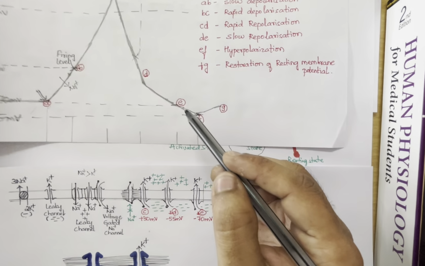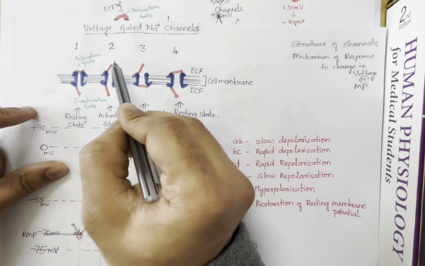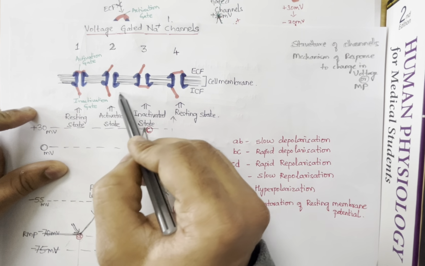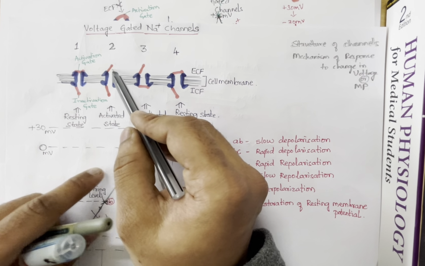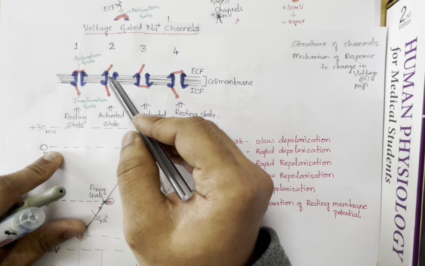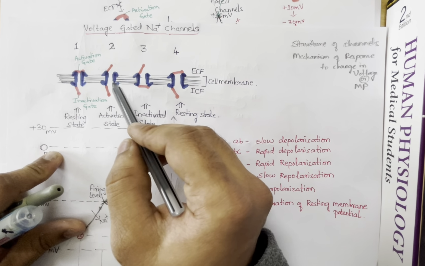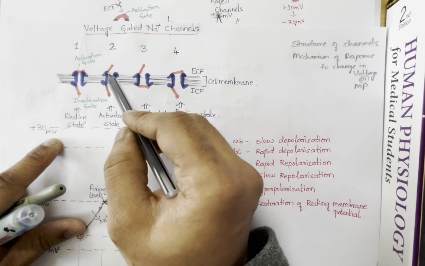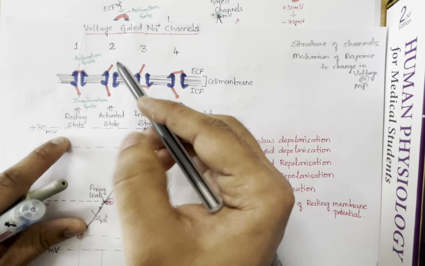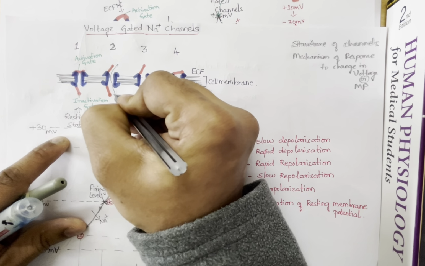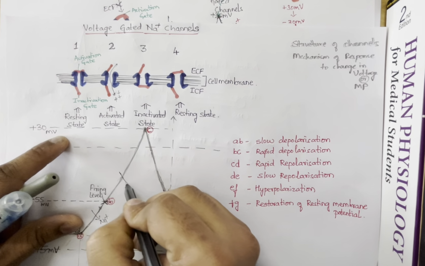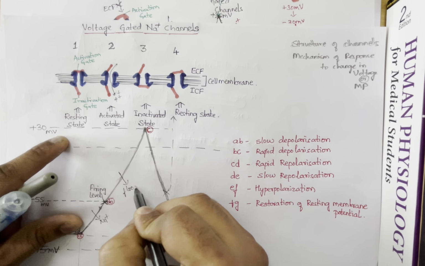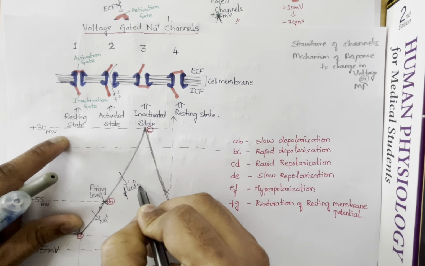Which is the active state here? This is the active state of voltage gated sodium channels. The activation gate is getting opened. There are millions of voltage gated sodium ion channels in that area. When all of them are activated, there is rapid influx of positive charge, a flooding of sodium.